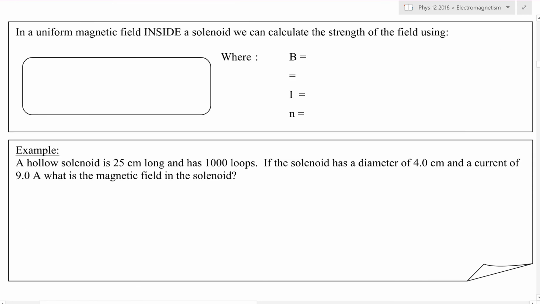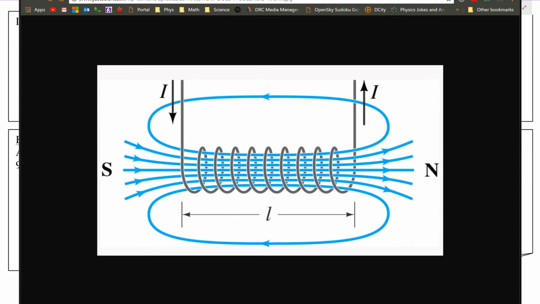So we just do the equation for today. What we find with this equation is the magnetic field inside the solenoid, inside the circle of the coils of wire. Inside those coils, we want to find out how strong the magnetic field is, based on the length of the solenoid, which is L in this picture, and on the number of loops in your solenoid.